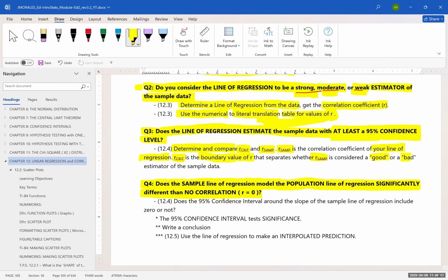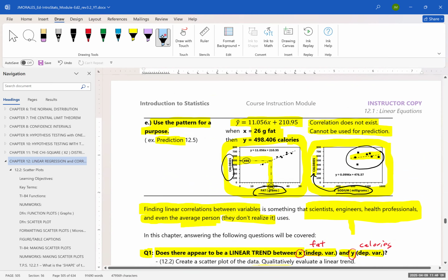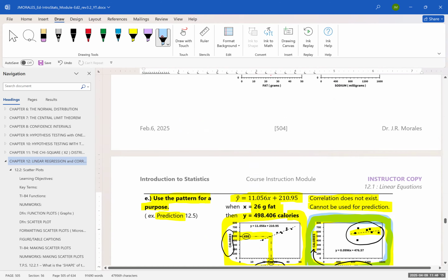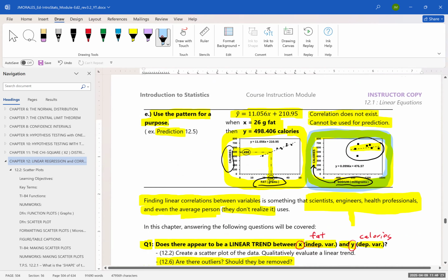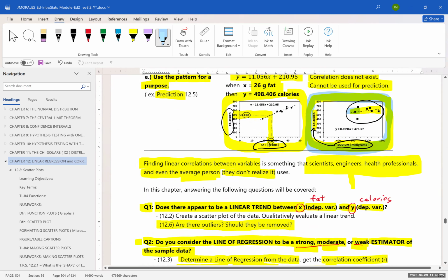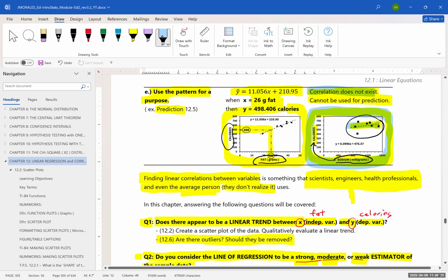And where this came into play in our example up above was in this example here on the right. Because you remember what I said about the slope of the line being close to 0? Well, having a slope of the line of regression close to 0 means that a correlation does not exist.